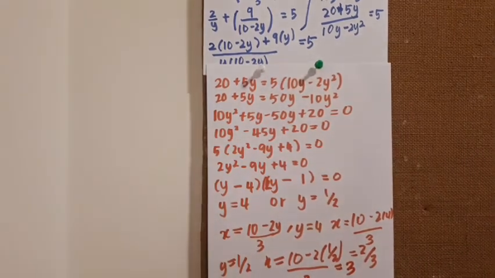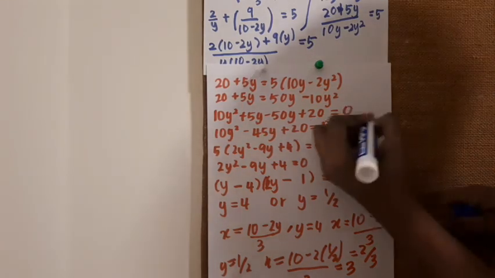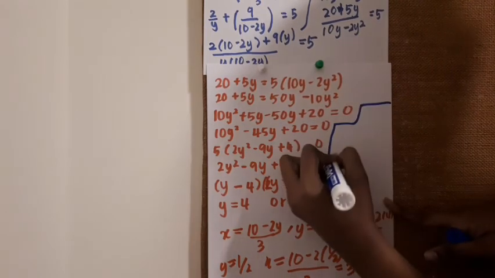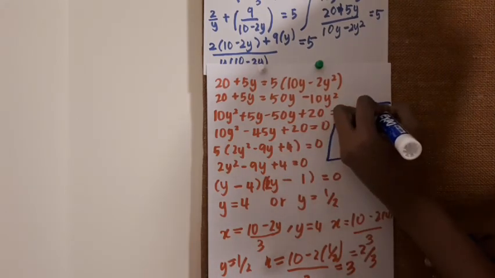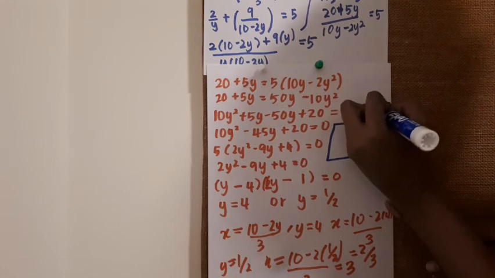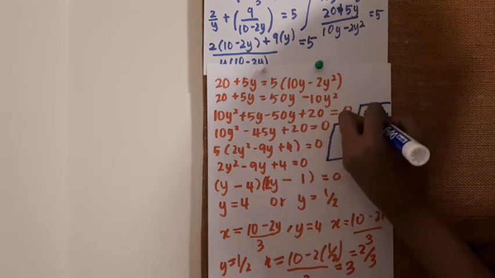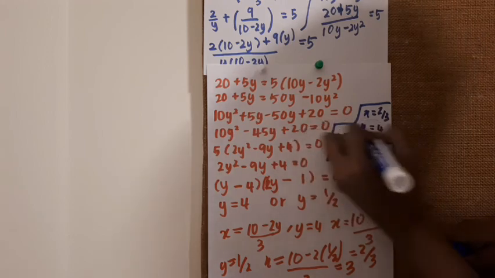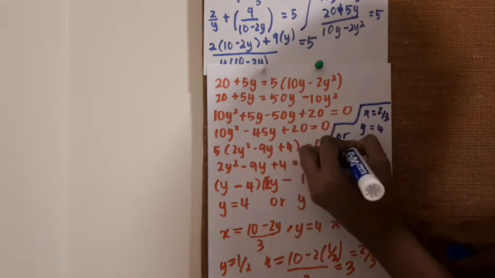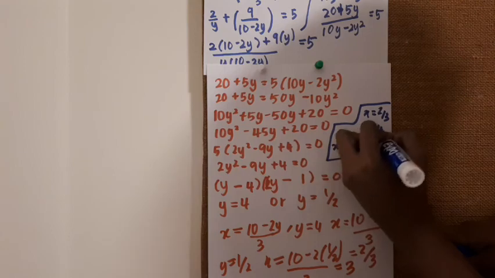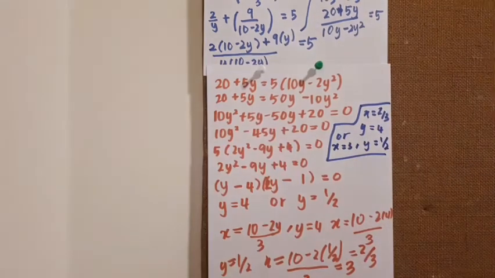Okay, so our final answer for this question is, when x is 2 over 3, we have y equals to 4, or when x is 3, y is equals to half. That's the answer.